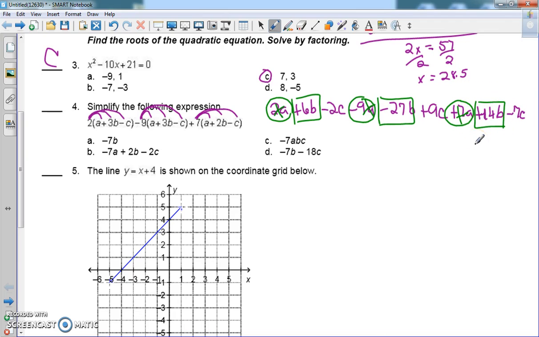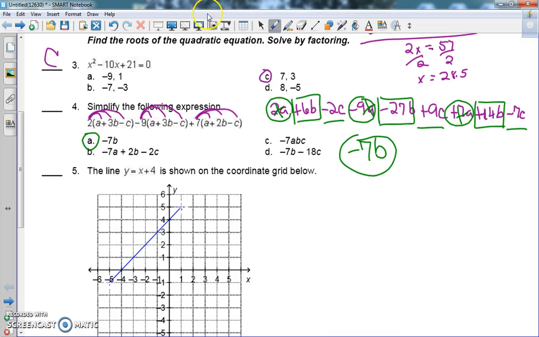So you add all of those together, and you get a negative 7. I'm going to double check myself. So we said 6 plus a negative 27 plus a positive 14 gives me negative 7B. And you have a negative 2C, and a positive 9C, and a negative 7C. So again, those are going to cancel out. So after that big long expression, A is your final answer.